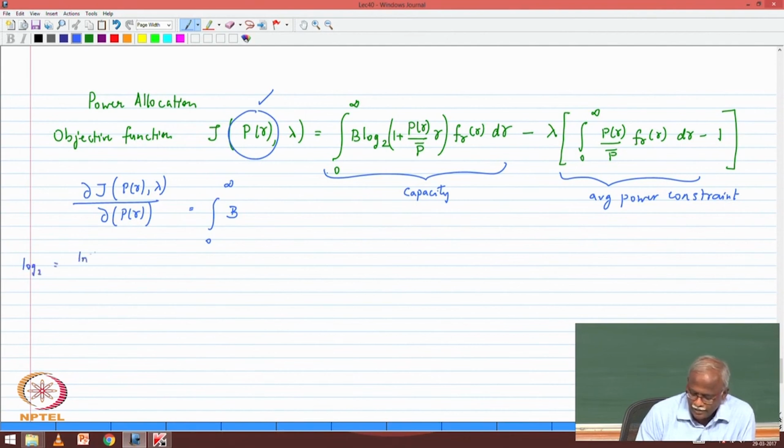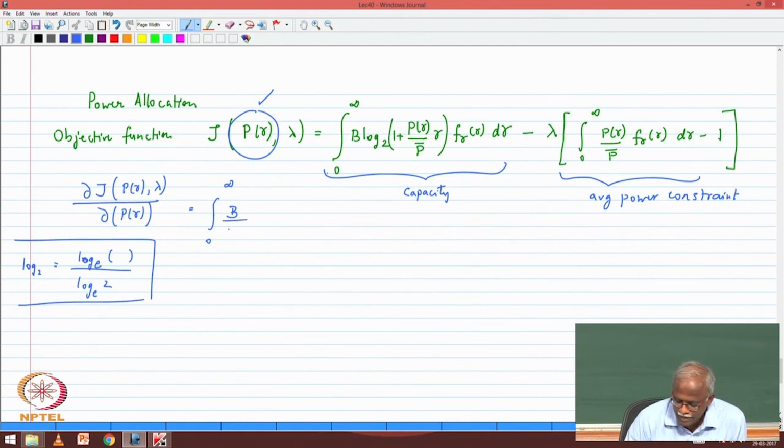We write it, as we indicated before, as log base e of the quantity divided by log base e of 2. So rewriting this becomes b by ln 2. I write it in terms of a natural logarithm, which allows me to differentiate. When I differentiate, I get the argument in the denominator, 1 plus p of gamma divided by p bar gamma.